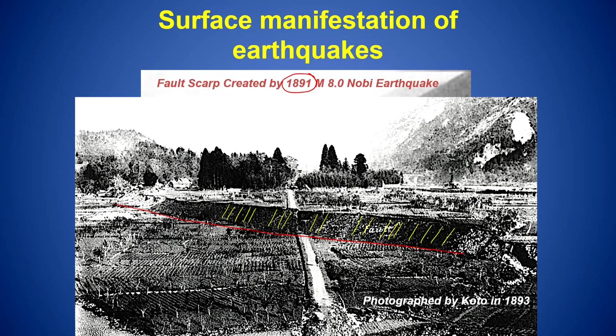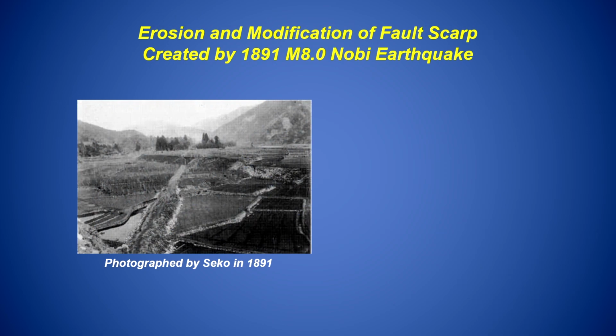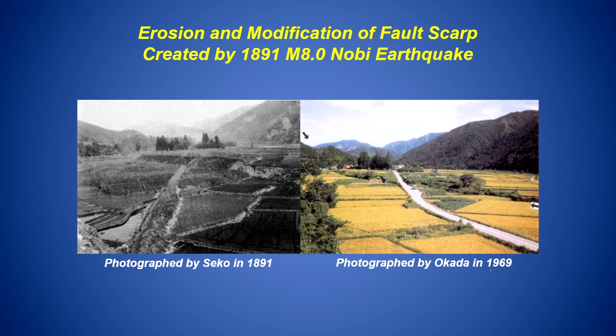Further, this was the photograph by Shiko in 1891, immediately after the earthquake, and this was later in 1969. What are the similarities here? You can see this hilltop properly, this one here and this one here. After erosion, you have this fault scarp running like this, and this is your fault topography.